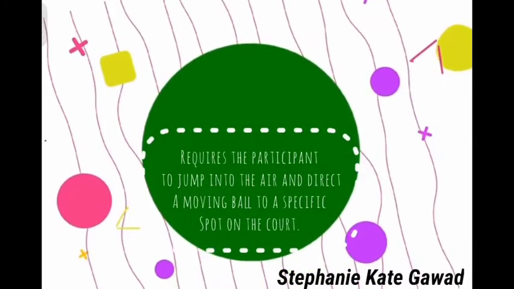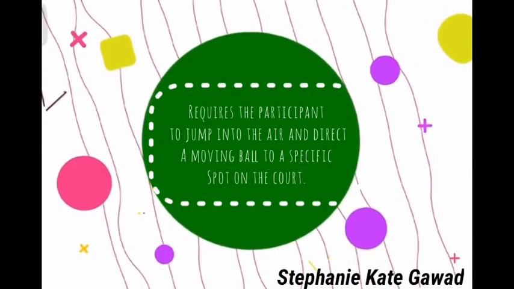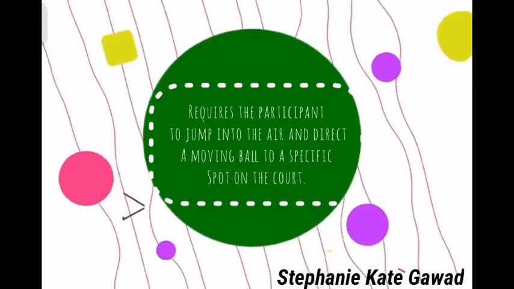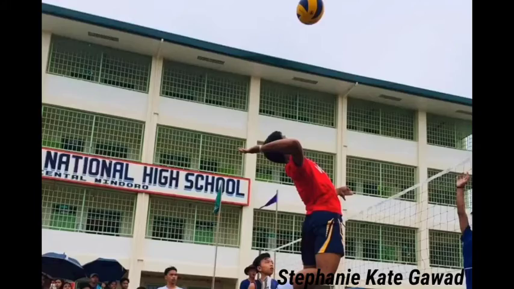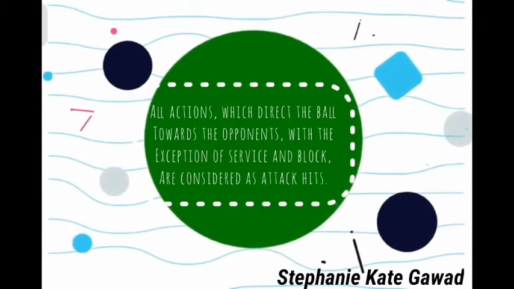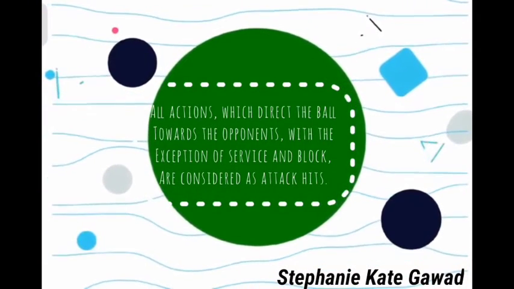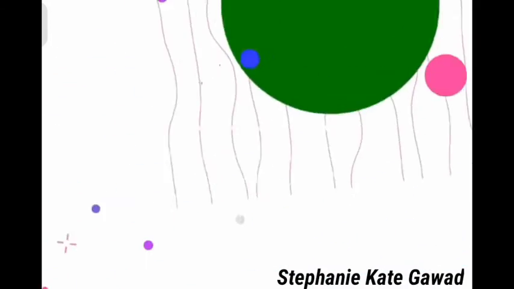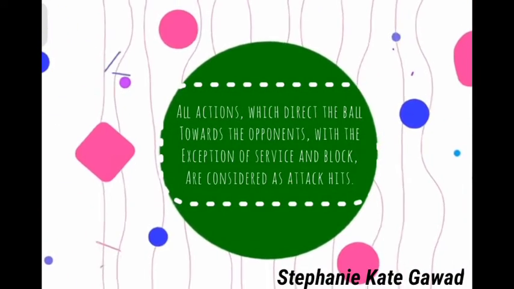It requires the participant to jump into the air and direct the moving ball to a specific spot on the court. All actions which direct the ball towards the opponents, with the exception of service and block, are considered attack hits.